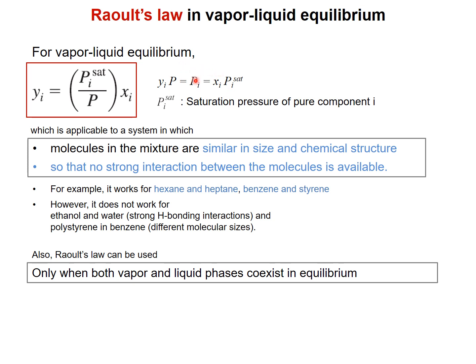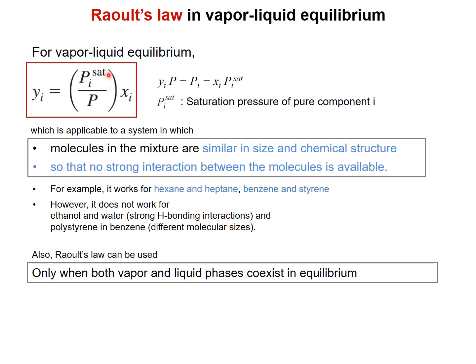So by reshuffling here and there, the vapor phase composition y_i of species i is proportional to the liquid phase composition x_i, and the coefficient can be calculated by the total pressure and the saturation pressure of species i.